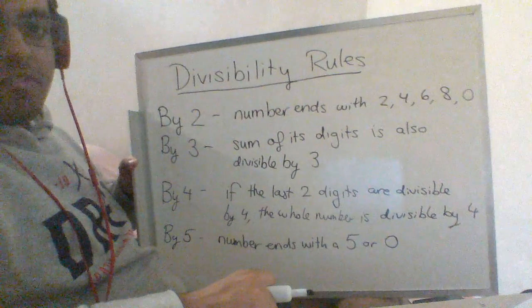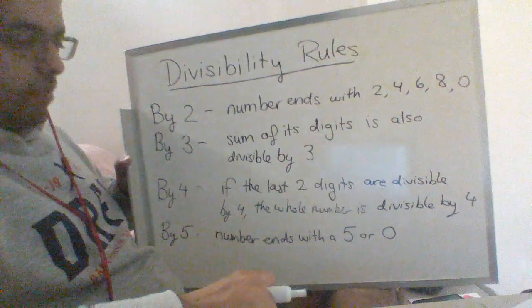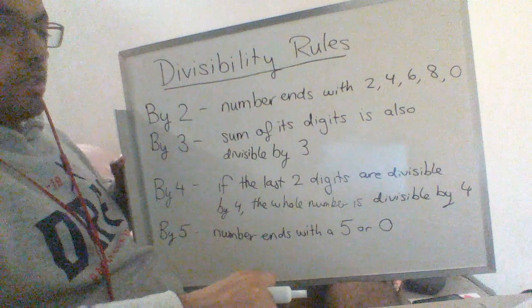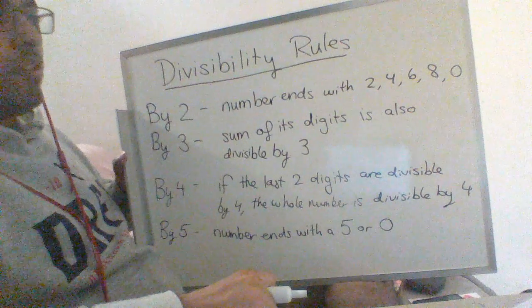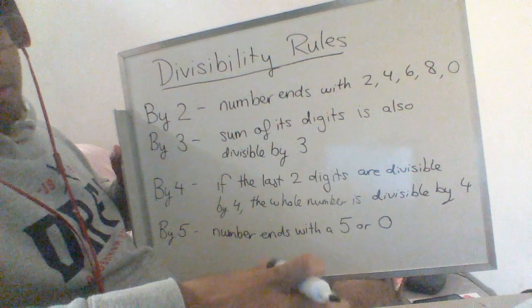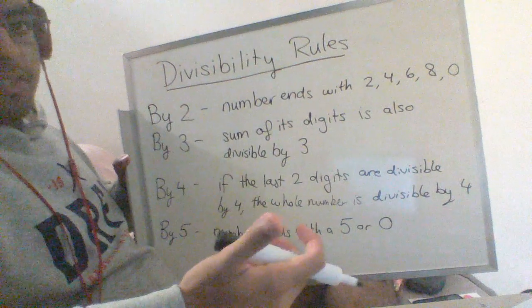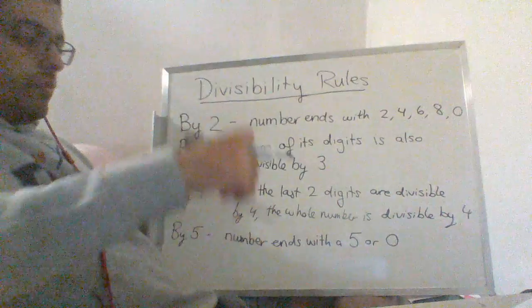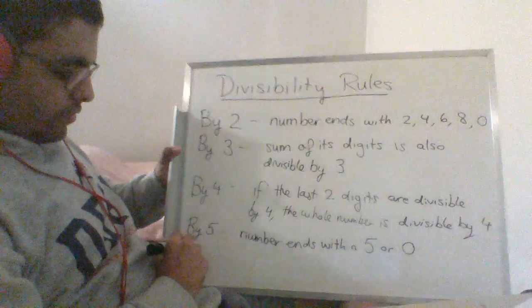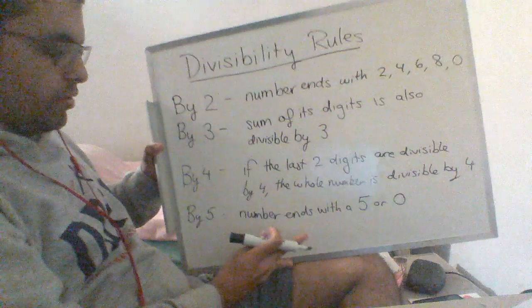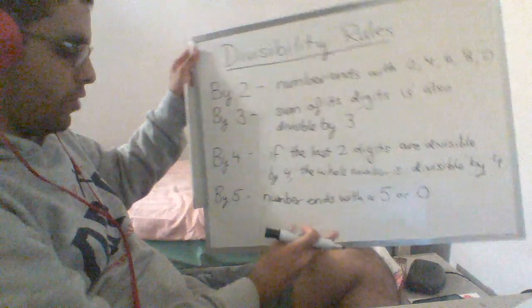So if the number ends with a 5 or a 0, it's divisible by 5. If it ends with anything else, it's not divisible by 5. So 56 is not divisible by 5, but 55 is divisible by 5, for example. Divisibility by 5 usually doesn't cause people many problems.